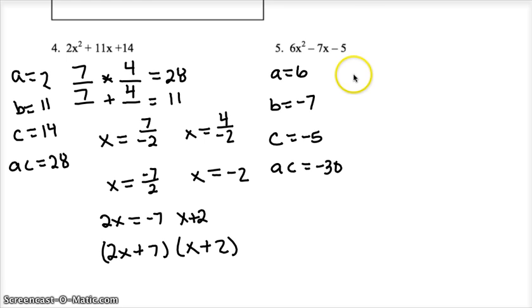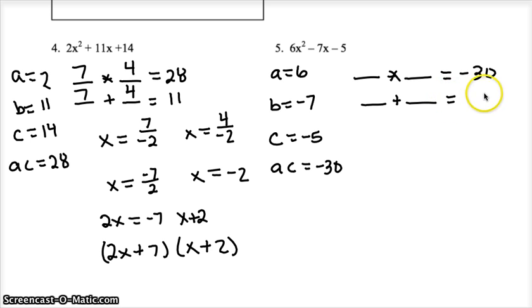All right, I need to find two factors that multiply to equal -30 and add to be -7. When thinking about my factors of 30, 10 and 3 come to mind. So -10 times 3 is -30, and -10 plus 3 is -7.